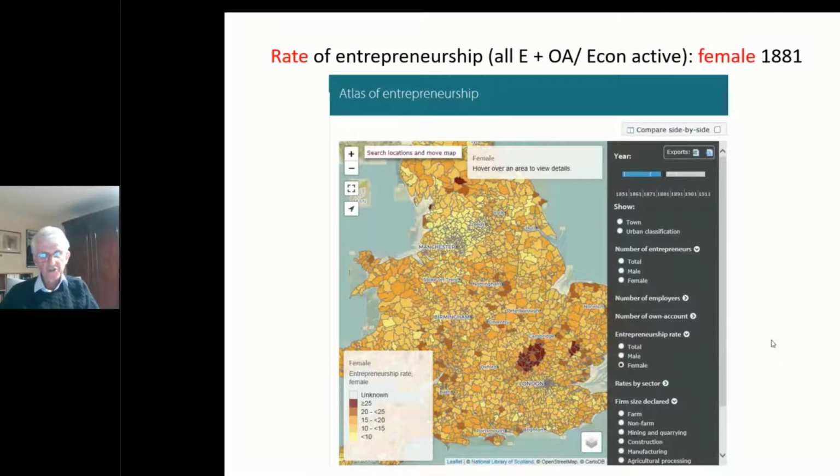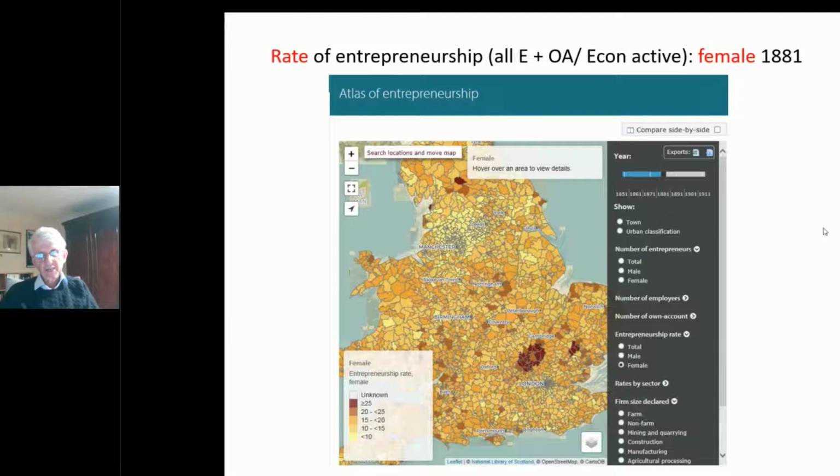The converse is very low rates of entrepreneurship for females, where there were places that had lots of female wage opportunities. And this is classically the textile areas in the northwest around Manchester and around the West Riding in Yorkshire.